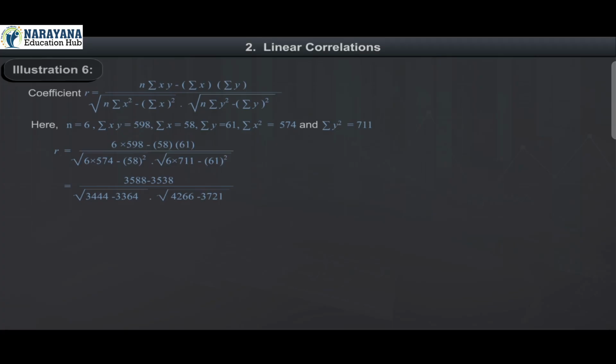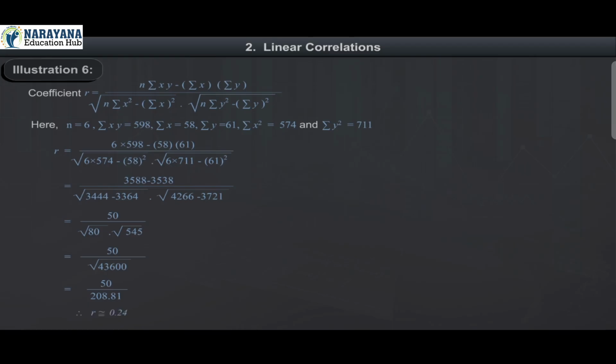is equal to 3588 minus 3538 divided by under root 3444 minus 3364 into under root 4266 minus 3721 is equal to 50 divided by under root 80 into under root 545 is equal to 50 divided by under root 43600 is equal to 50 divided by 208.81.